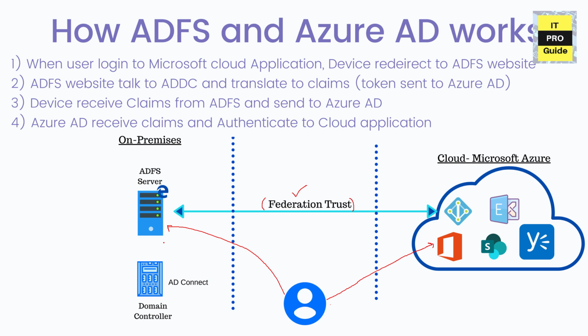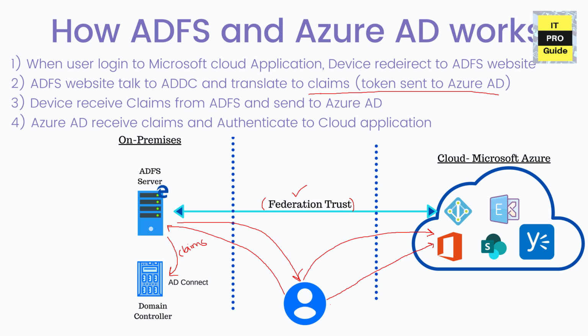Then ADFS will talk to the local Active Directory and translate the information into claims. Claims are the contents being exchanged between these two parties in this federation trust. The claims are sent from ADFS to the device, then the device sends them to the application to authenticate to the application.